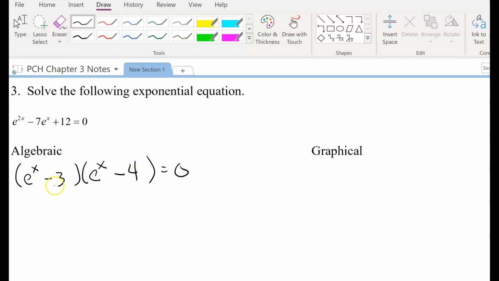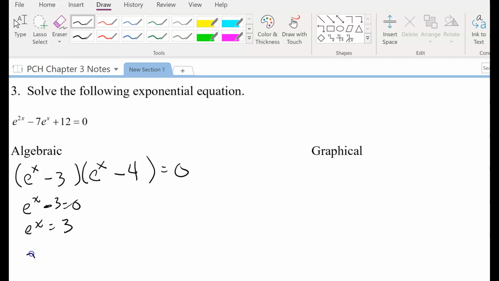So the inner would be negative 3 e to the x, and the outer would be negative 4 e to the x, which would give us our negative 7. Negative 3 times negative 4 is 12. e to the x times e to the x is e to the 2x. Then we'll use our zero product property. So e to the x minus 3 is equal to 0. e to the x is equal to 3.